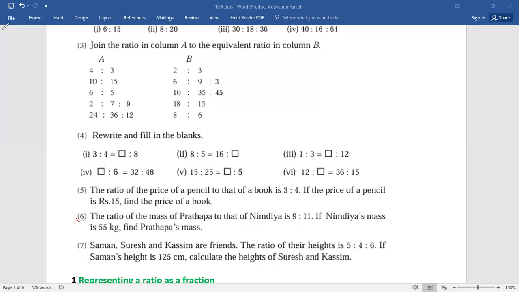Tanuka, did you do it? Sanuki has done the sixth and seventh. Nice. Sanuki, can you send me the answers for the sixth one and the seventh one? If you find the answer for the mass of Pratapa, can you send me?